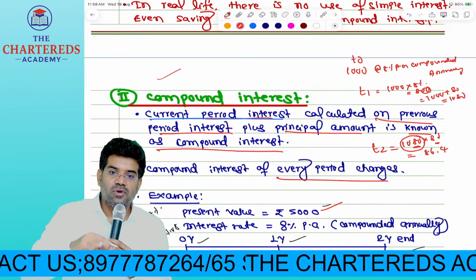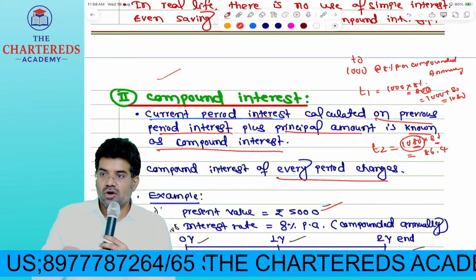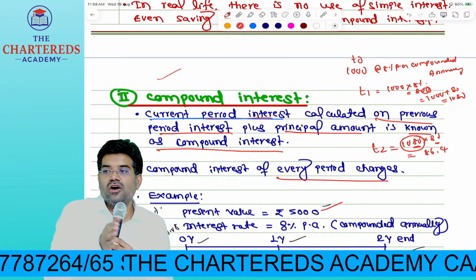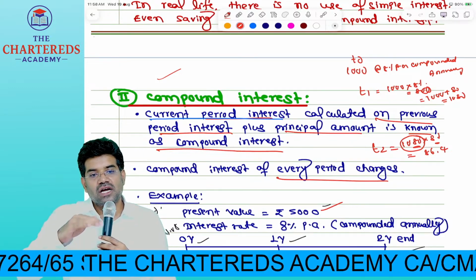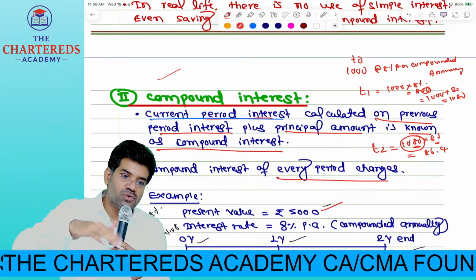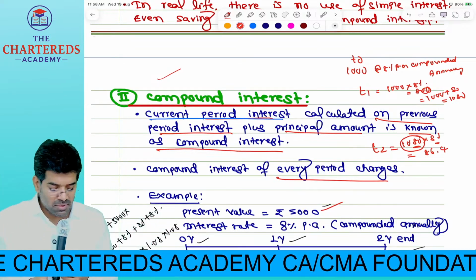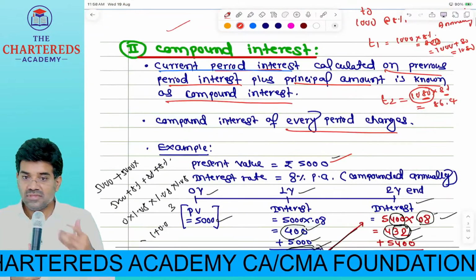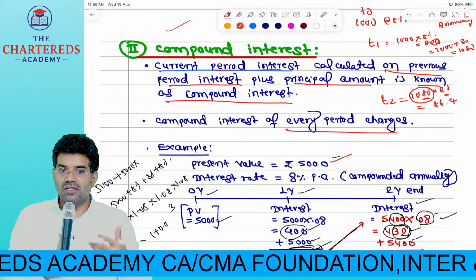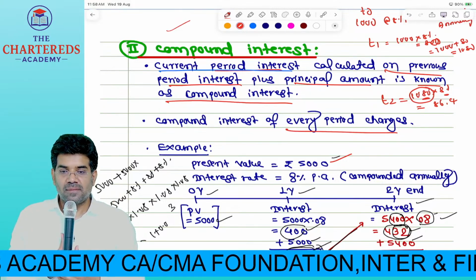Compound interest means interest on interest. So second year onwards, you start calculating interest on the original principal as well as the interest.